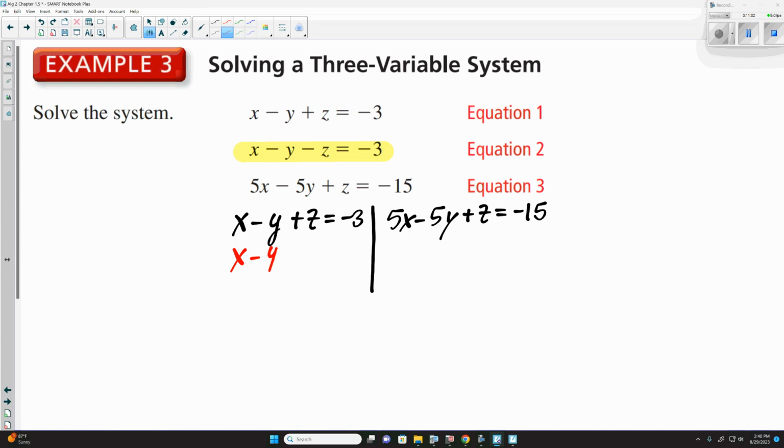So I can just rewrite x minus y minus z is equal to negative 3, and x minus y minus z is equal to negative 3. I can go on and fill both of those in. I don't have to do anything to it to get them to be the same. Questions on this so far?